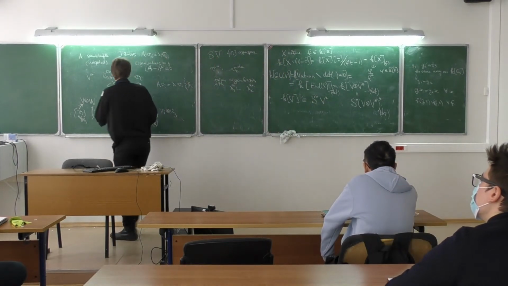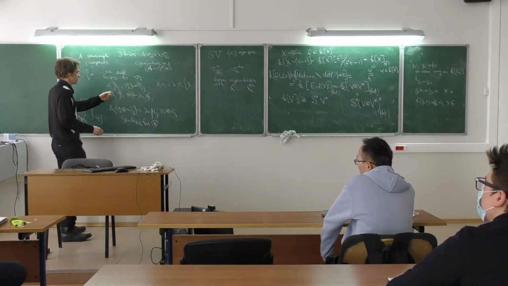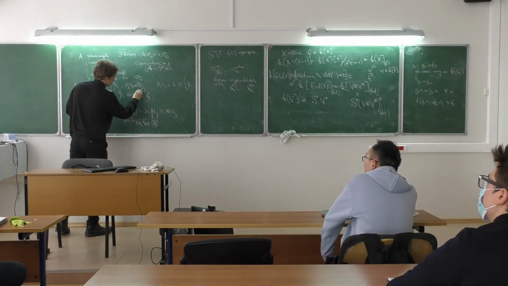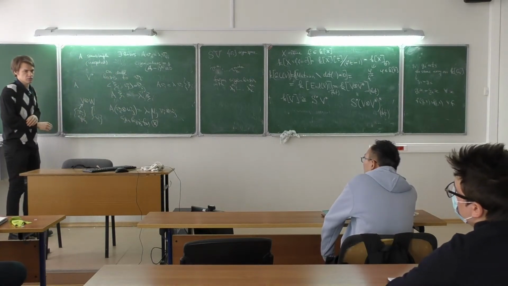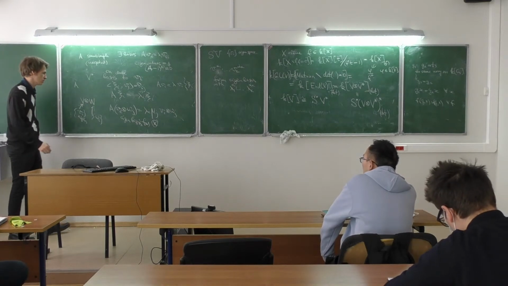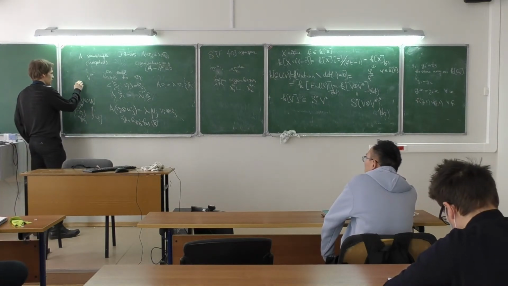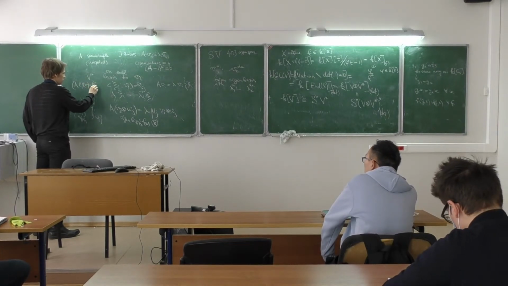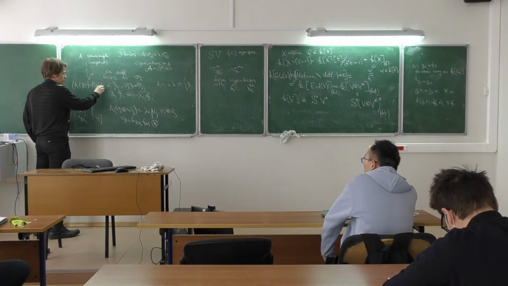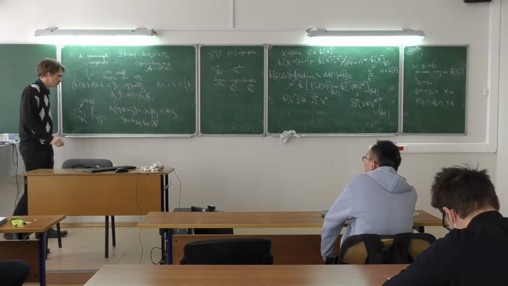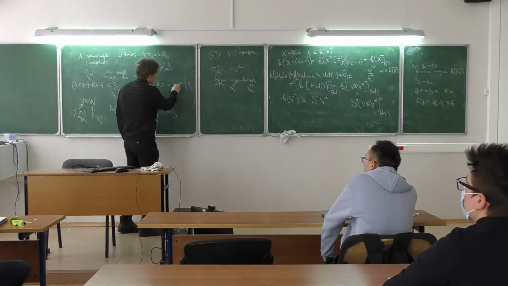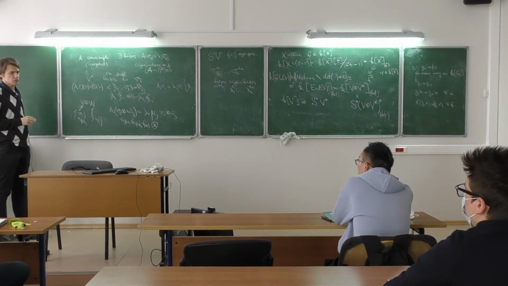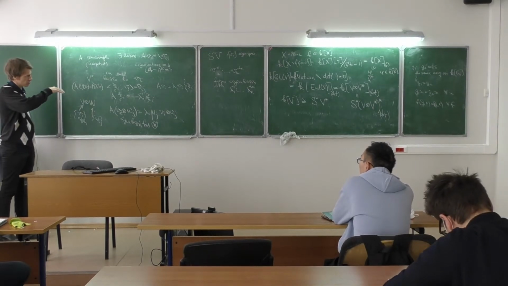Ну, потому что A в минус первой действует так, что A на L, v, по нашим правилам, это L от A в минус первой, v. Вот по этим глупым причинам. Окей?